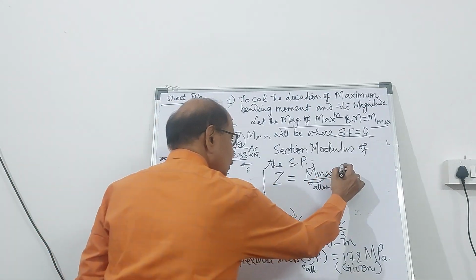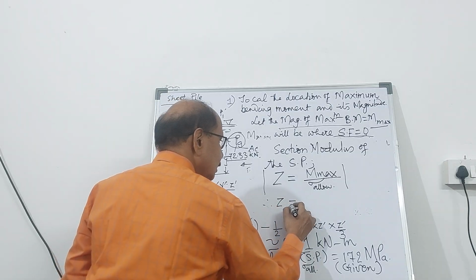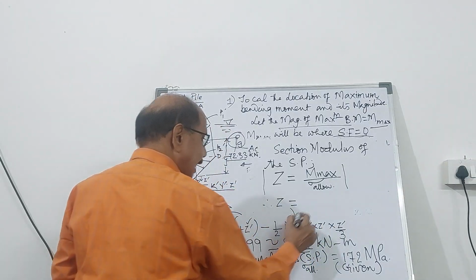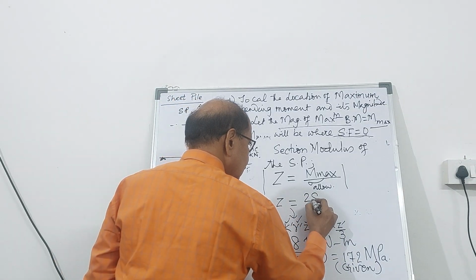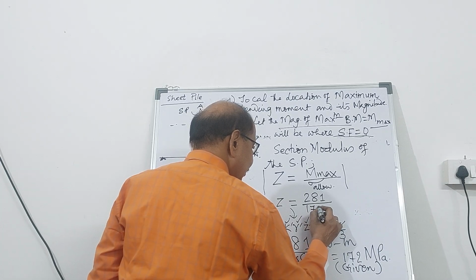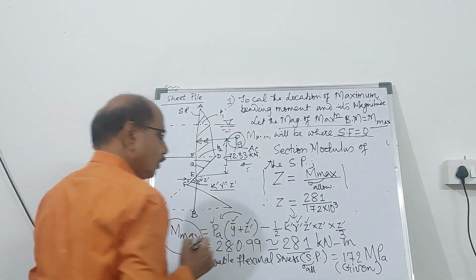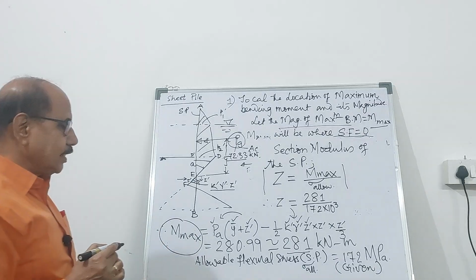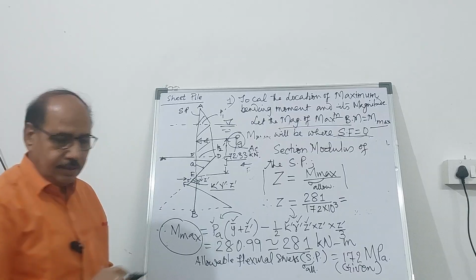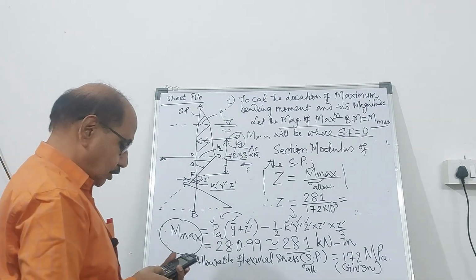Therefore the section modulus equals 280.99 or 281 divided by 172 megapascal. So in kilopascal, multiplied by 10 raised to 3, so that you can calculate it. So let us calculate the section modulus.